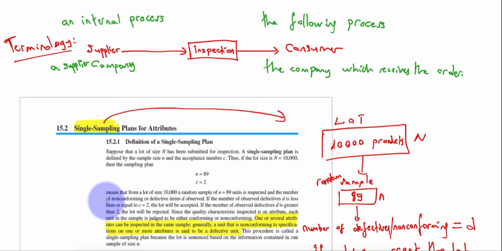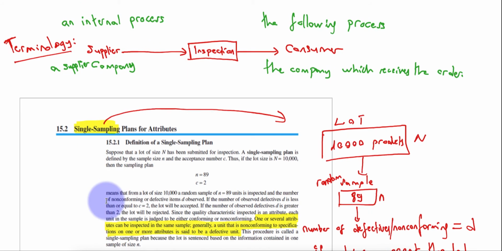Before proceeding, let me remind you again, when I'm saying supplier, this supplier can be an external company, a supplier company, or it can be an internal process if we are talking about in-house application of acceptance sampling, okay? And the consumer can be your company, for example, and also can be a process in your company.